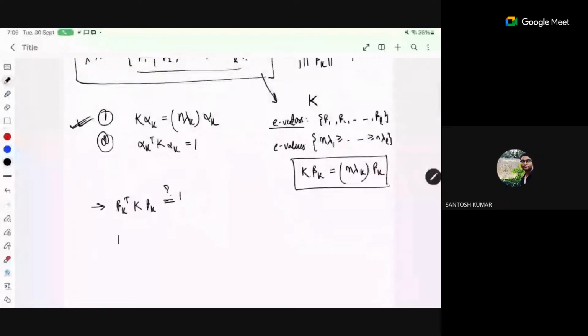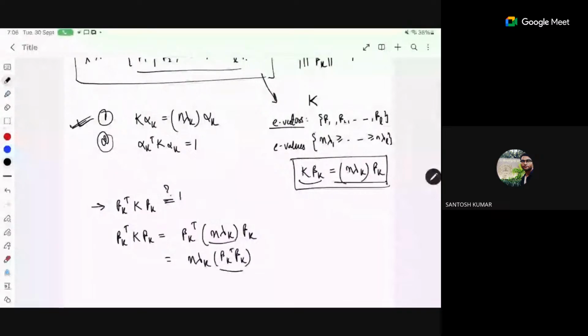So let's try to solve for this. Let's put beta k transpose K beta k. So what is this going to be? I know K of beta k from this equation: it is n of lambda k times beta k. But n of lambda k is just a scalar, so I can write it outside, and this is beta k transpose beta k.